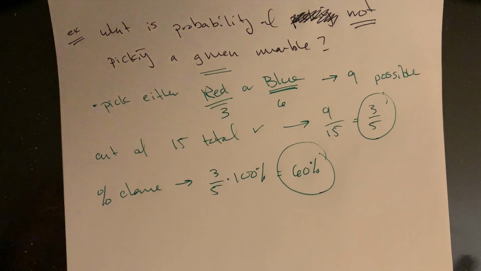If you're working out of 100%, with one whole being the total universe, sometimes it's easier to figure out the probability itself and then do 1 minus that value to end up with the opposite. We could have done that here, or we can just do it directly in this case. If we have a simple enough situation where I can do red and blue together, that's really not a big ask.